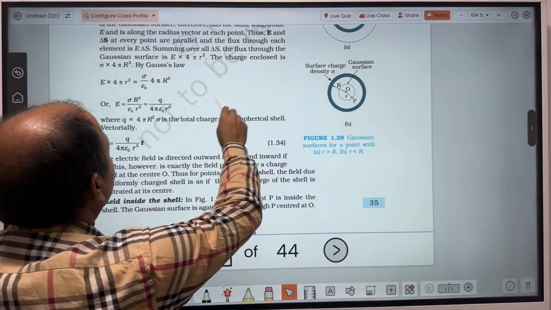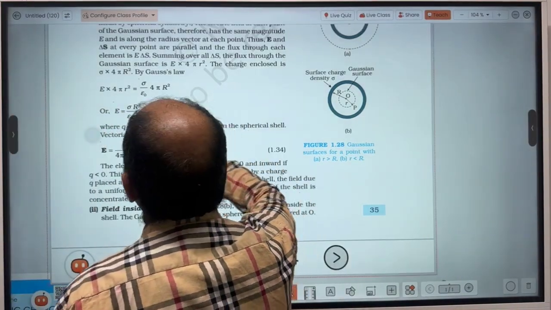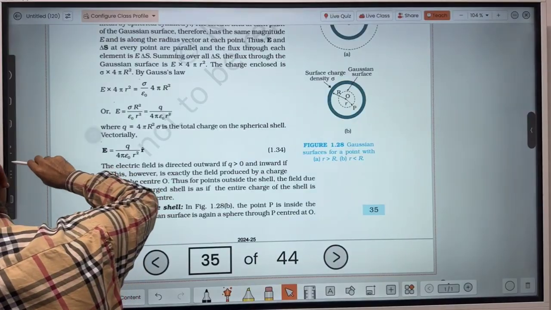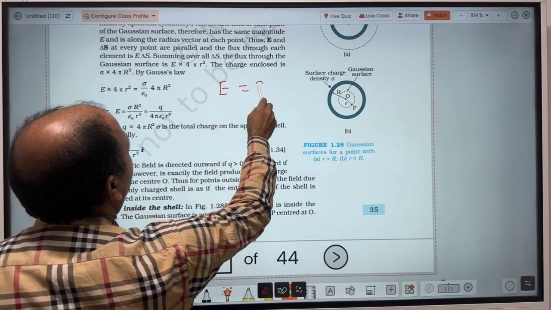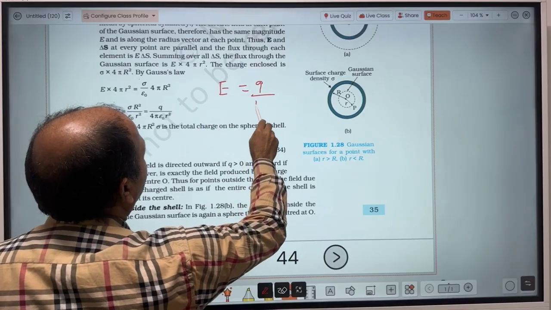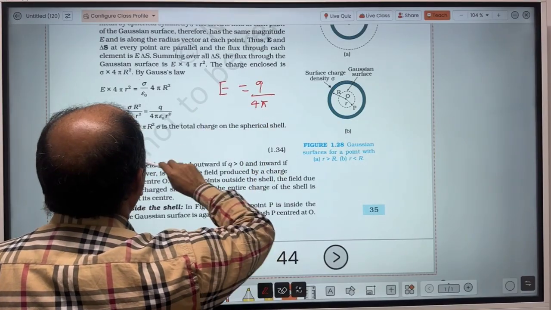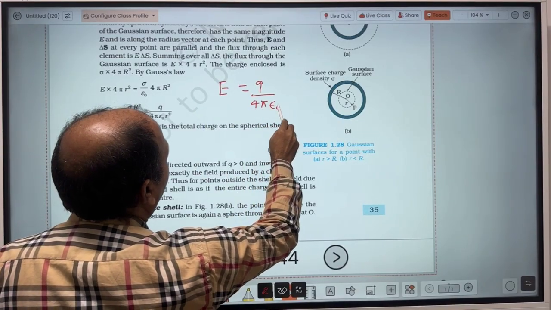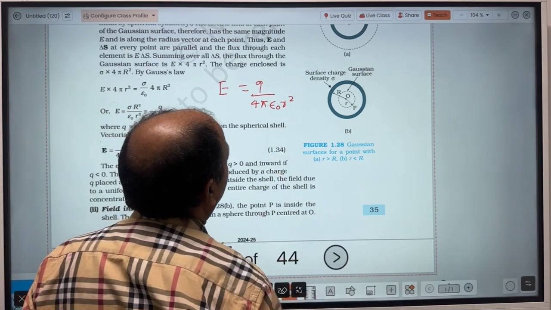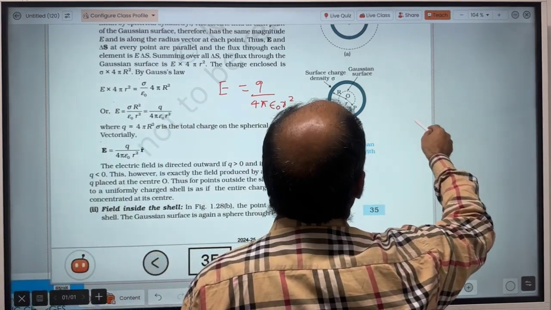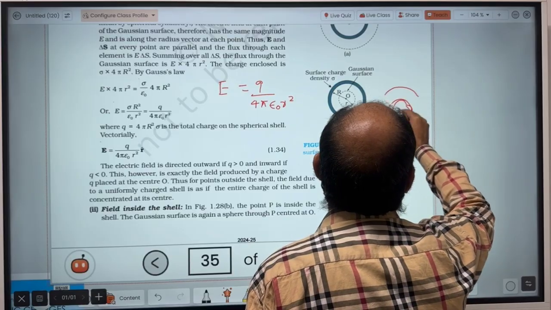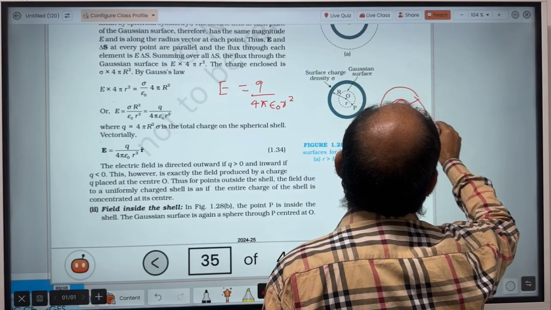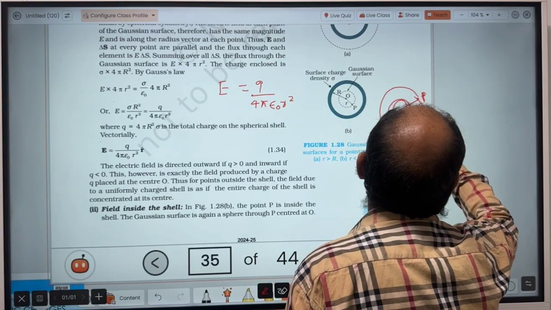Now we have got the relation E equal to Q upon, in magnitude I am writing, 4 pi epsilon naught r square, where r is, this is the shell, and small r is like this, the point was taken here.